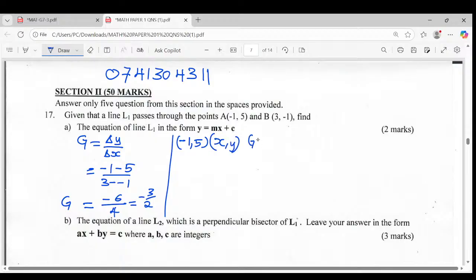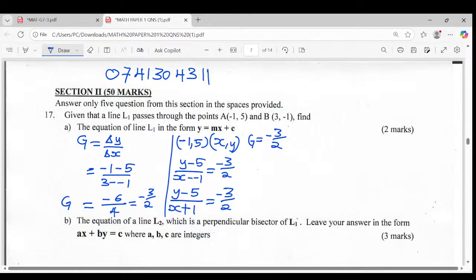Now with my newly obtained gradient, which is -3 over 2, I can form an equation. (y minus 5) over (x minus -1), which is x plus 1, is equivalent to -3 over 2.